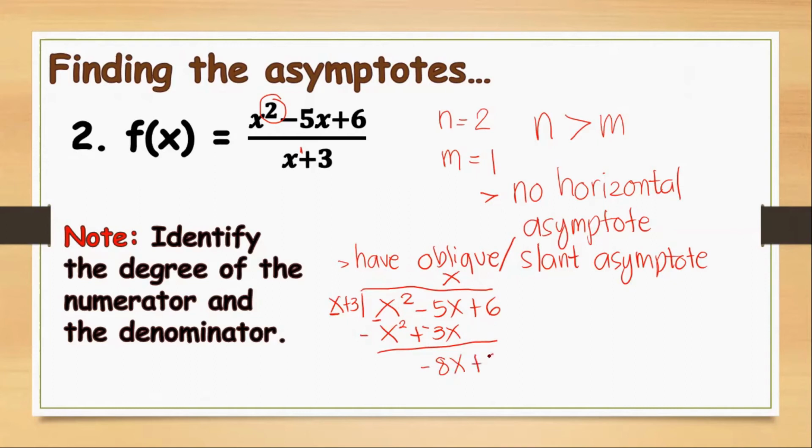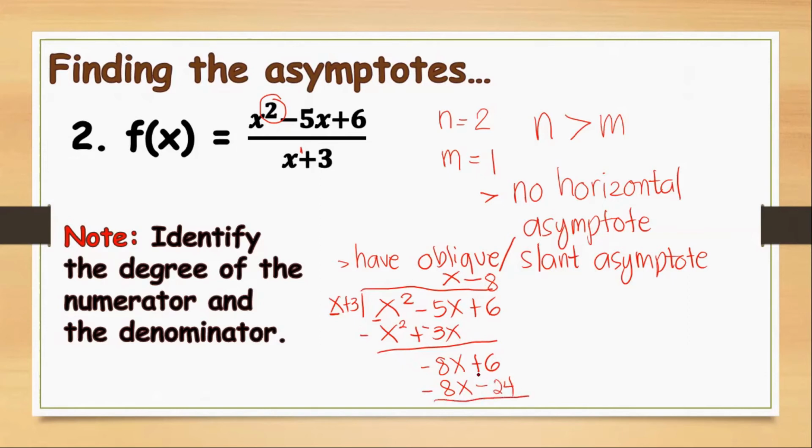Then bring down your positive 6 and continue dividing. Negative 8x divided by x, the answer is negative 8. So negative 8 times x, we have negative 8x, and negative 8 times 3, we have negative 24.